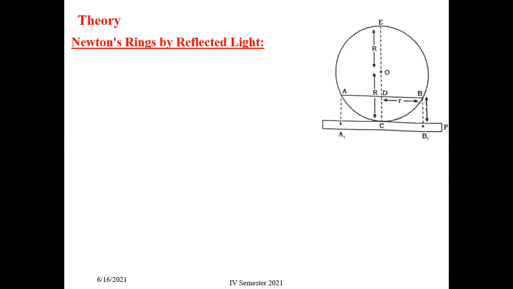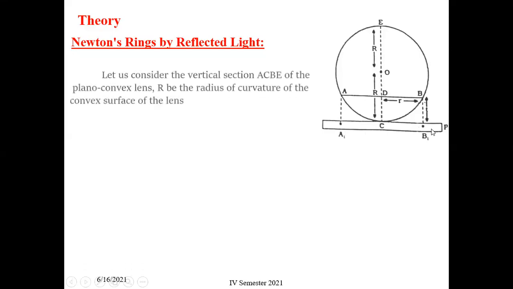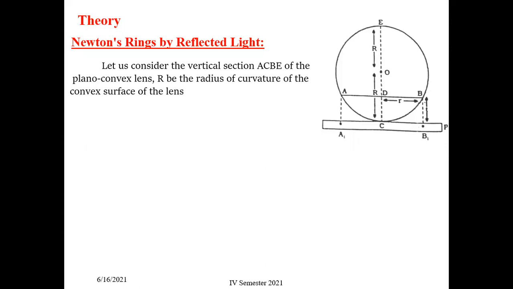Just take the cross section of the plane glass plate and the plano convex lens. See, ACB is a plano convex lens which is placed over a plane glass plate P. You have to take the vertical cross section ACB.